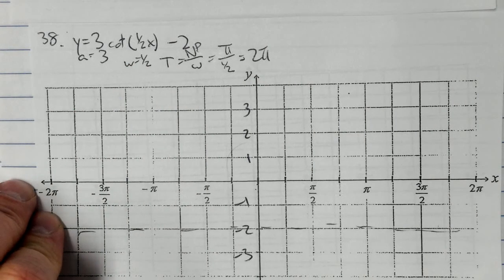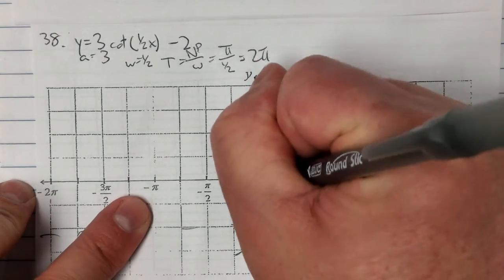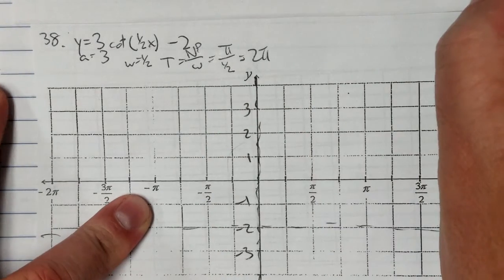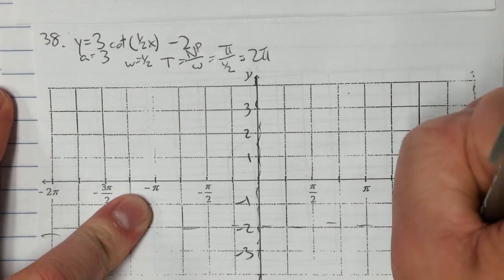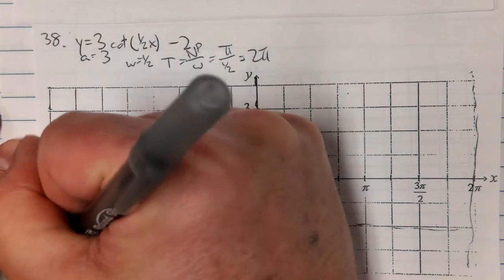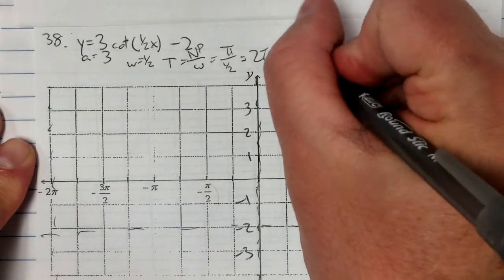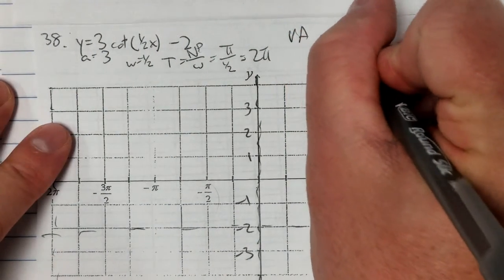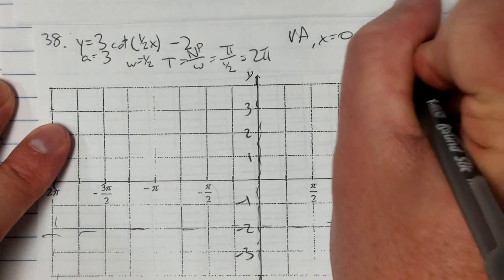So what we have is our vertical asymptote at 0 and at 2 pi and negative 2 pi. So vertical asymptote x equals 0 and plus or minus 2 pi.